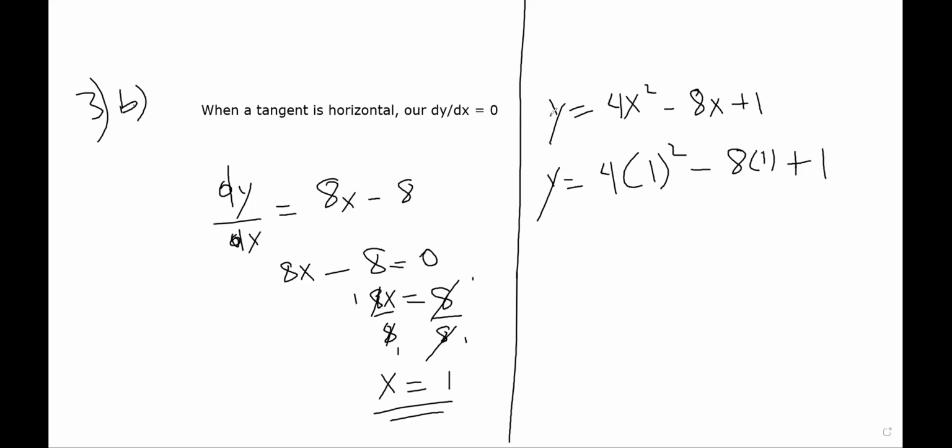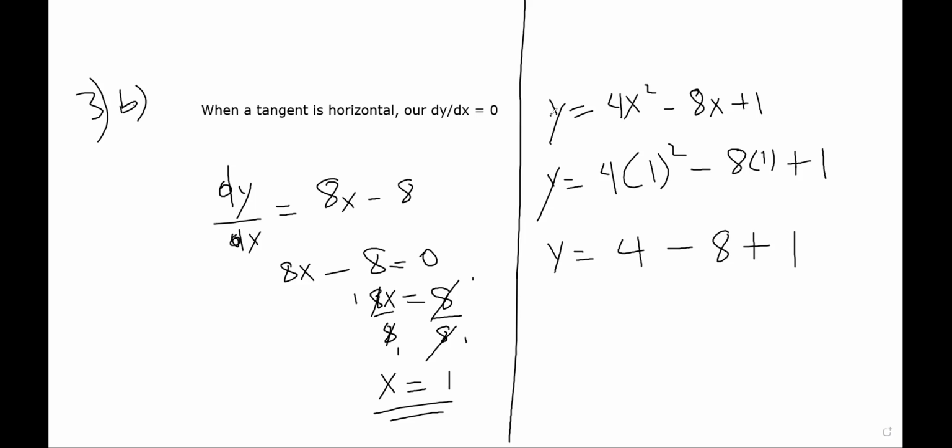Simple mathematics, simplify, multiply through. So we have y is equal to 1 squared, still gonna give us 1. 1 times 4 gives us back 4. 1 times 8 gives us back 8, plus 1, all right?